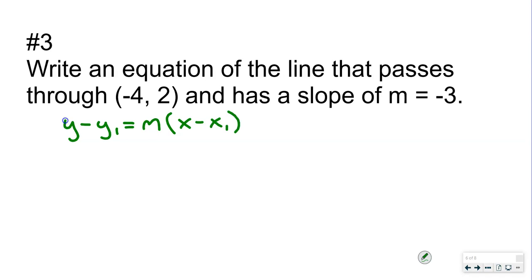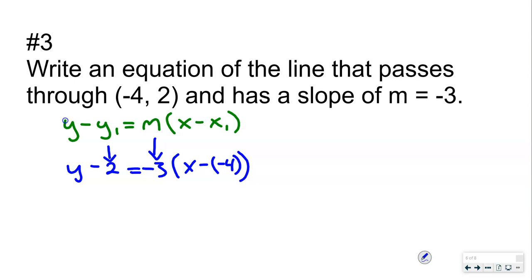So we know the slope is negative 3. And we know the point negative 4, 2. So our y1 is 2. So we have a y minus 2. X drops down, and then we have x minus negative 4, which will just become x plus 4.